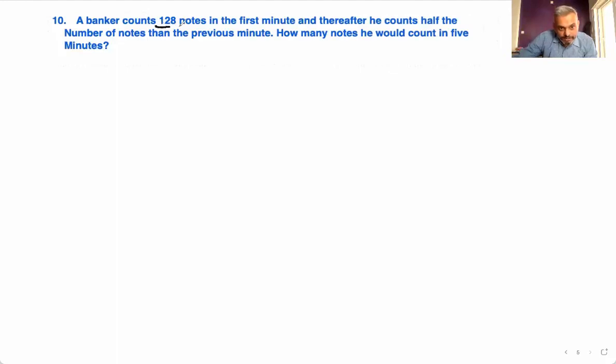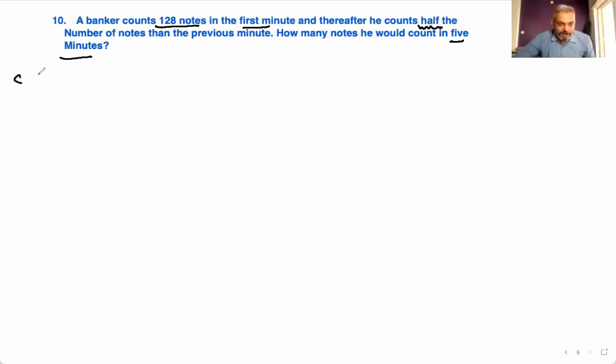So underline 128 in the first minute. Thereafter, he counts half the number of notes than the previous minute. The poor fellow gets tired counting notes. So how many notes would he count in 5 minutes? So we have to find the total number of notes he counts within 5 minutes.